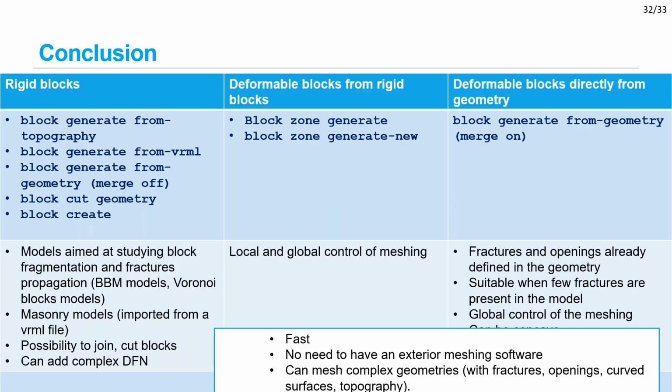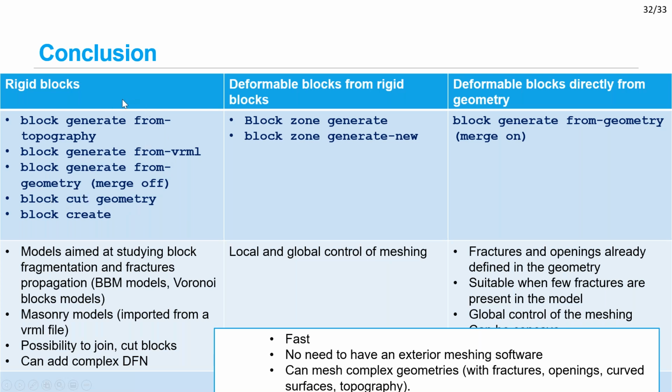So if I want to synthesize all of this, we have different commands to generate blocks in 3DEC. We have seen quite a few commands that allow us to have rigid blocks: with block generate, from topography, from VRML, from geometry, and also cutting with geometry.